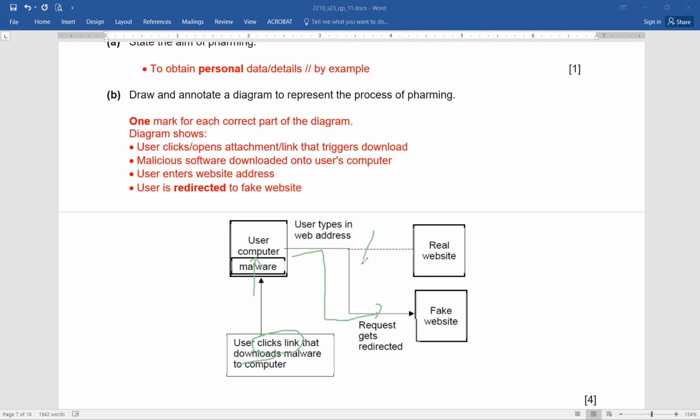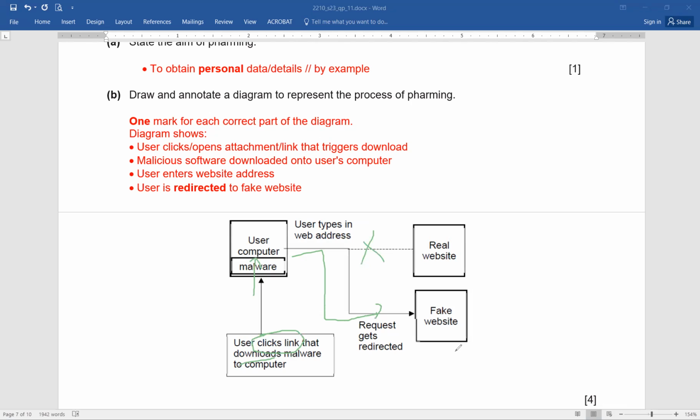You are not directed to the real, correct website. You are taken to a fake website. If you have understood and remember the whole process, then you can draw in any manner, but you need to cover these points to definitely gain 4 out of 4.